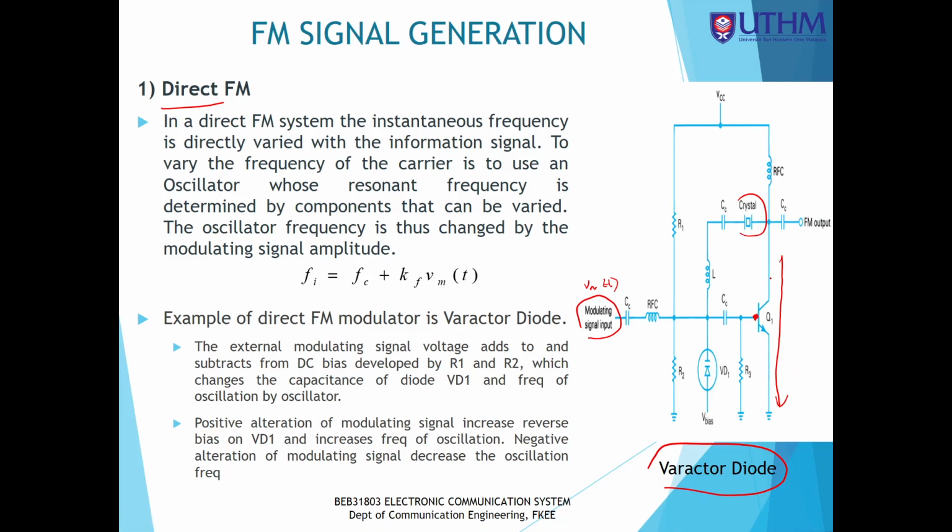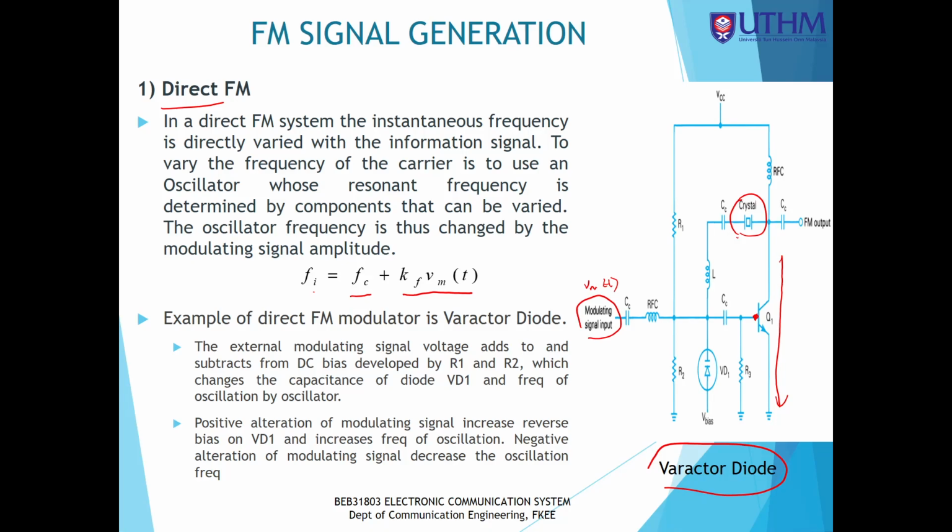Okay, and if you see that the crystal control oscillator frequencies change in accordance with the KF VMT. Okay, see that the oscillator frequency is changed by the modulating signal amplitude. So crystal control oscillator frequency change FC plus KF VMT.